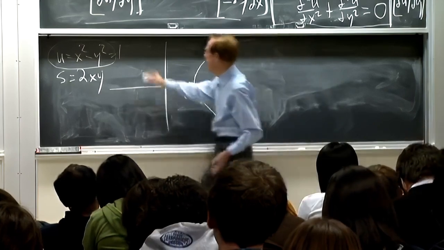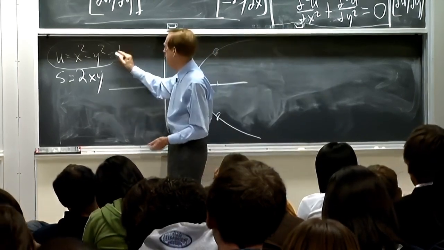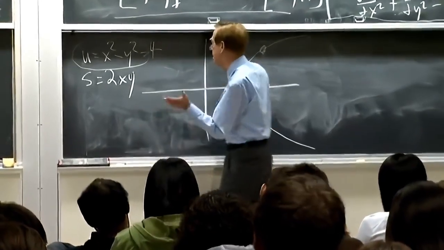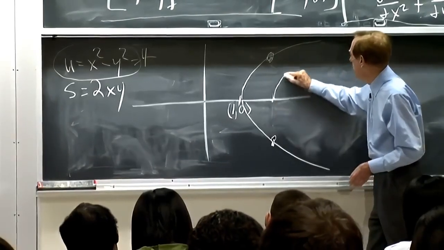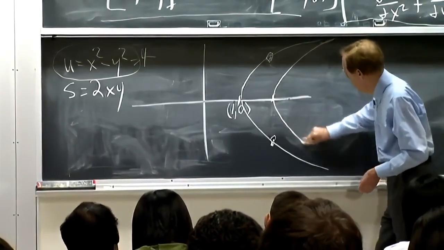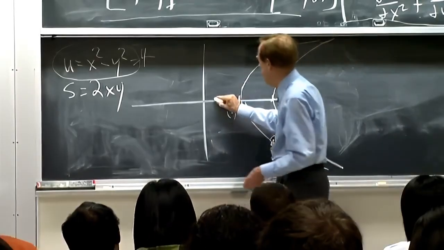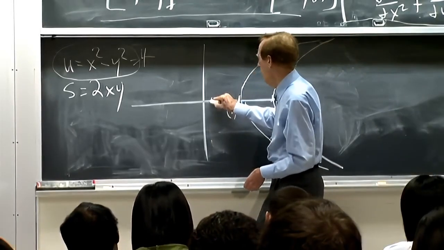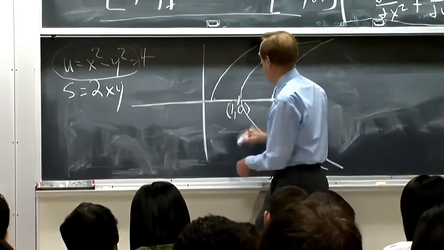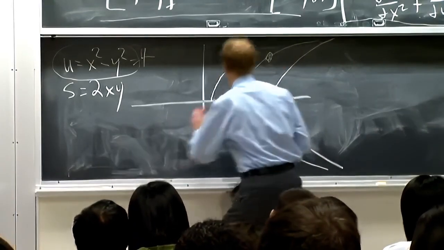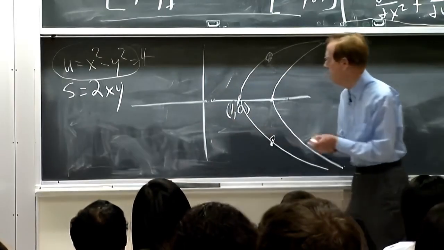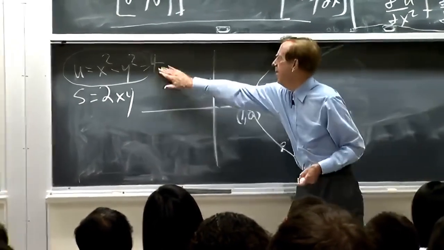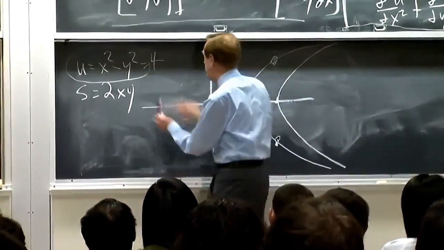And now if I change c to 4, let's say, then it'll go through (2, 0), and it'll go up this way. And if I change x to something very small, it'll still be, oh, do you know there's a Greek word, asymptotes. What do I get when this is 0?